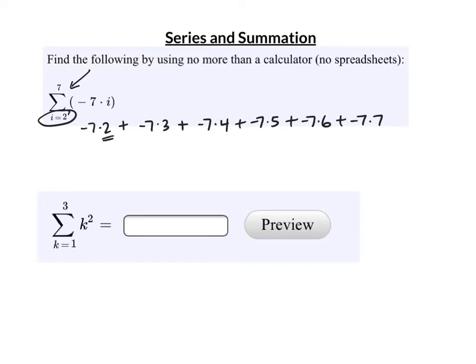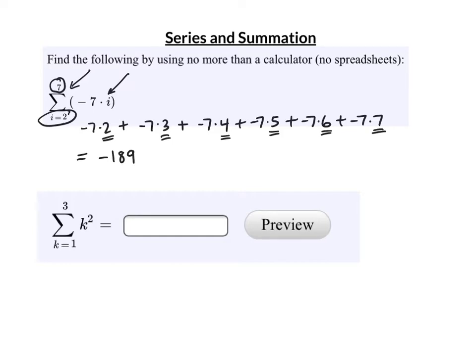So I started at 2, and I kept counting until I got to that top number, 7. I keep plugging in those numbers until I get to 7. So 2, 3, 4, 5, 6, and 7 all got plugged in. Because the Greek letter sigma means sum, I'm adding all those up. You just punch this into the calculator and you get your answer. Summing these all together, we get -189.